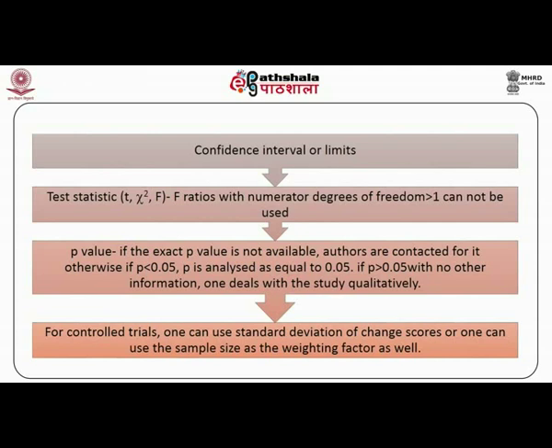If the exact P-value is not available, authors are contacted for it, otherwise P less than 0.05 is analyzed as equal to 0.05. If P is greater than 0.05 with no other information, one deals with the study qualitatively.